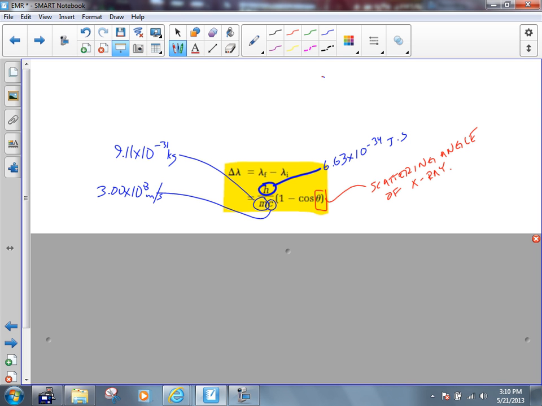A second, less energetic X-ray is also emitted at an angle. Theta is the angle between the original photon and the new photon. If you're ever given a question where you have the angle of the electron, ignore it. I doubt you'll ever be given a question like that, but if you are, ignore it. We don't want the angle of the electron, we want the angle of the photon.